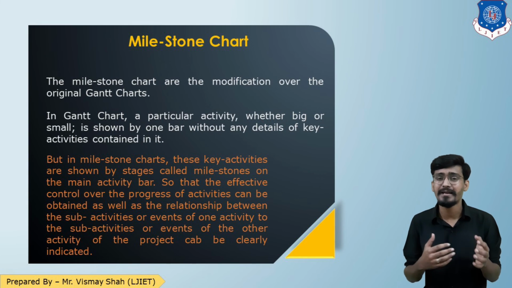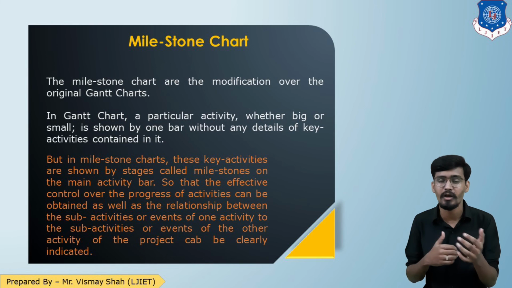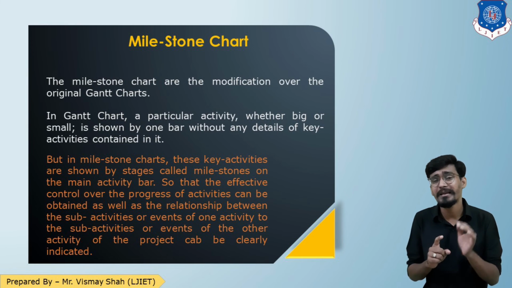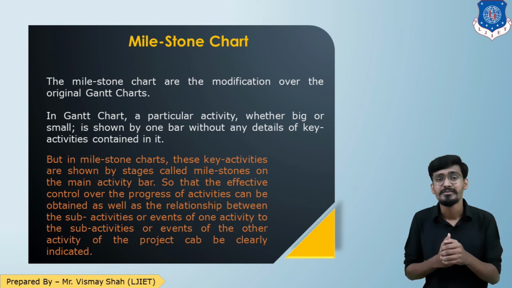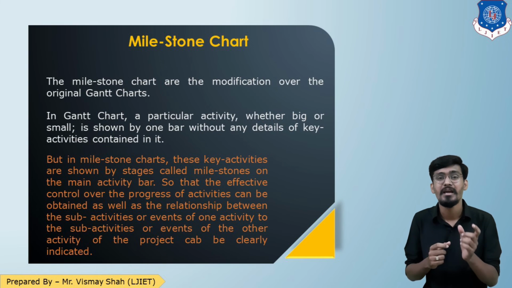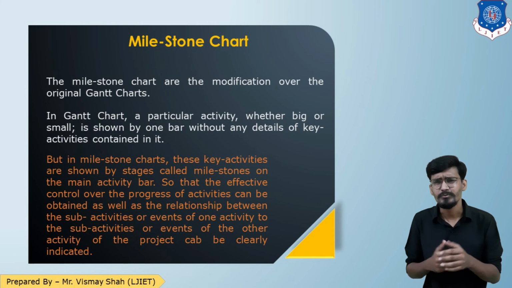In the Gantt bar chart, what you generally do is represent the activity, whether it is small or long, by a horizontal bar without representing the key activities in it. But in the milestone chart, in the main activity bar, you can represent the key activities, or key stages of the activity, which are known as milestones.